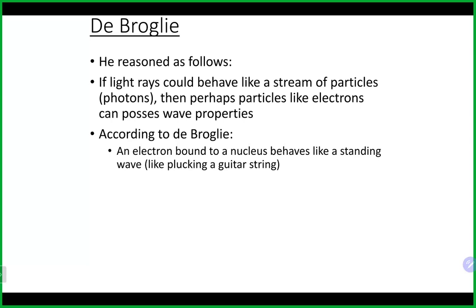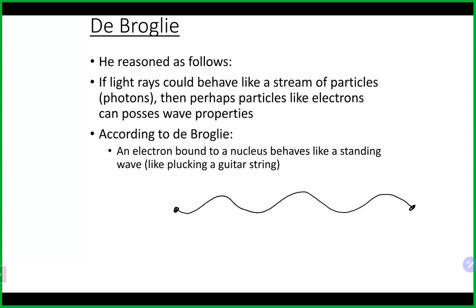According to de Broglie, he thought of an electron bound to a nucleus as a standing wave. If you think about it, electrons are negatively charged and the nucleus is positively charged, so there definitely is going to be an attraction between them. He reasoned it kind of like a guitar string. A guitar string is attached to the guitar, but you could pluck it and it will have wave-like function.